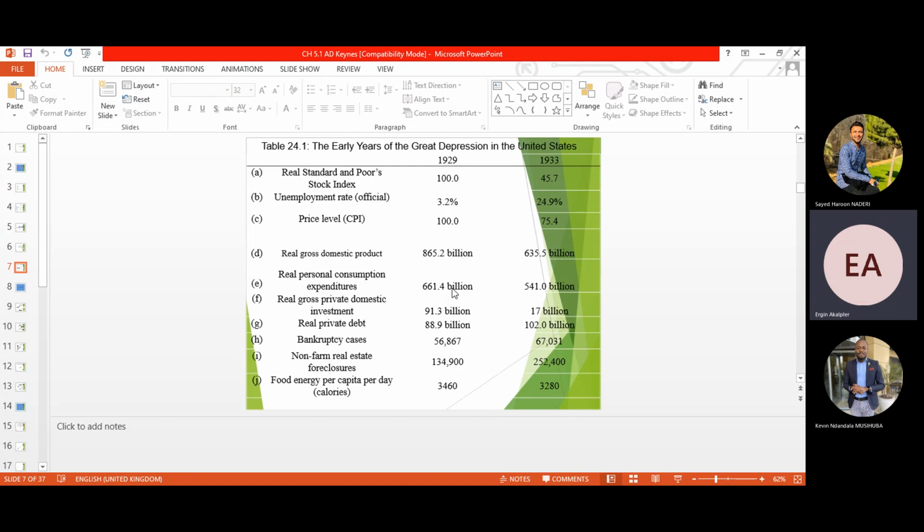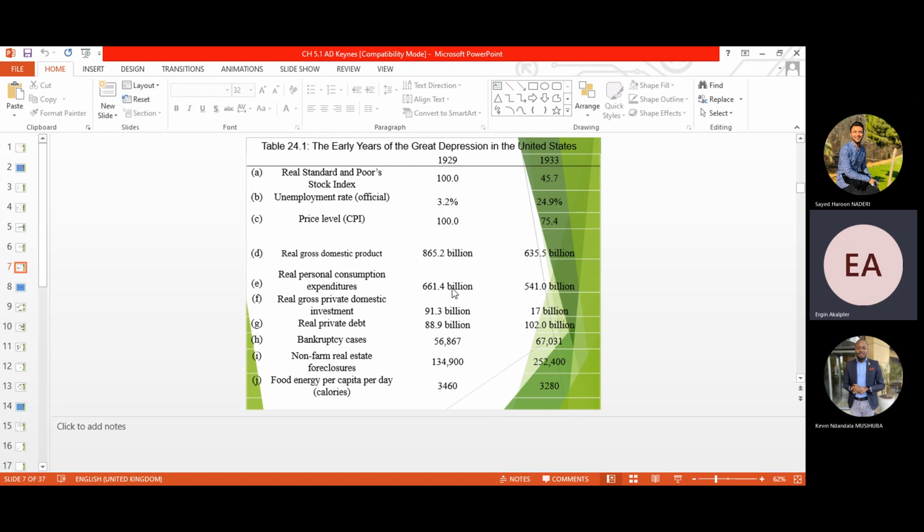And when you are looking to this period, just in the United States, the price level is very heavily increased, around 75%. The unemployment rate is around 25 to 30 somehow. The real Standard and Poor's stock index is around 45%. The real gross domestic product is reduced, as you are observing between this period of time.